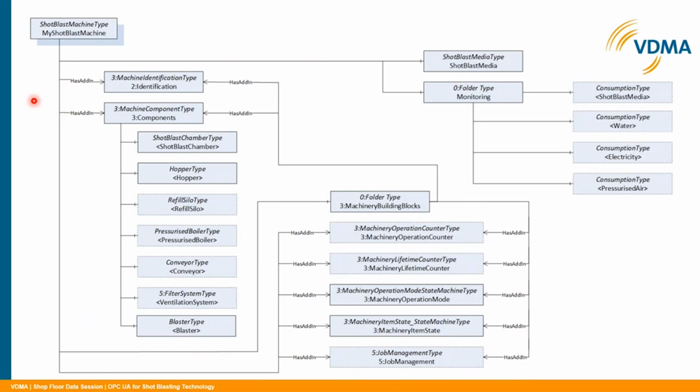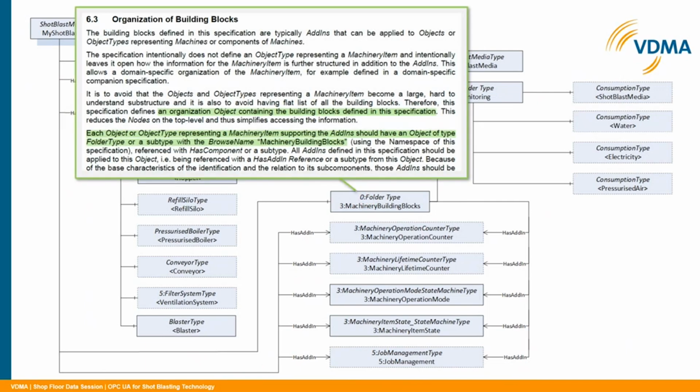The idea is that this MES system doesn't have to browse the whole information model. It can just go to the entry point of the information model, in this case the shot blast machine type, and then go to the machinery building blocks folder on the first level. From here on, it finds all the machinery building blocks. So this is the idea of the machinery building blocks folder.